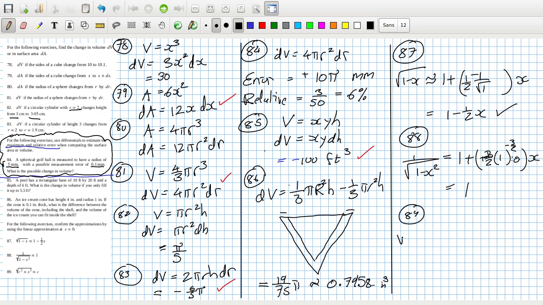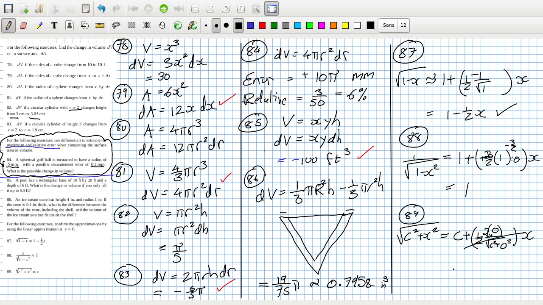89. Root c squared plus x squared equals f of 0 plus the derivative times x minus 0. Bring down the power, reduce the power by 1, and then multiply by the inside derivative, which would be 2x, where the x now is 0.